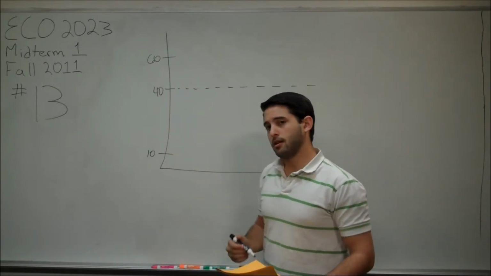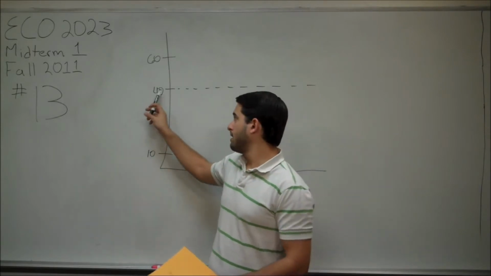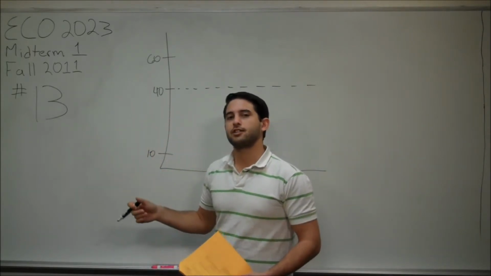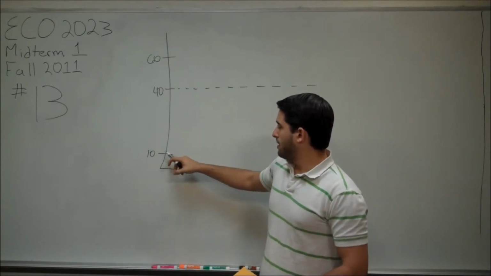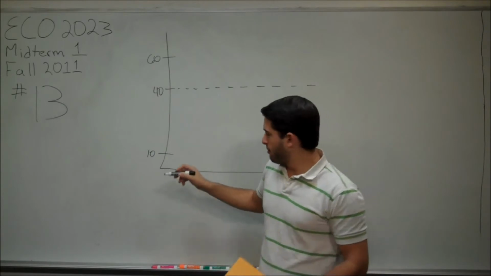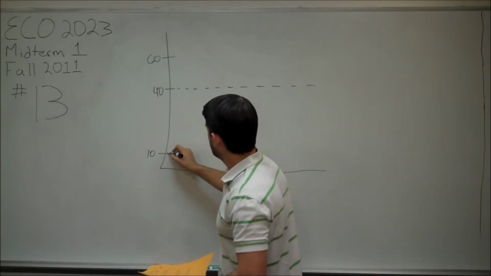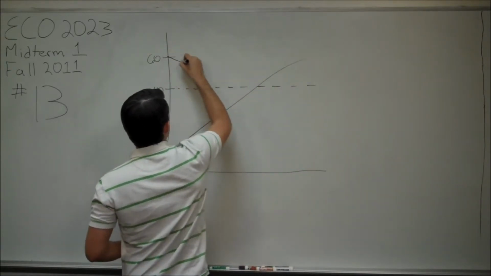And if we remember what the producer surplus is, it's the price actually paid minus the lowest price for which the producer is actually willing to sell. So we imagine that the supply and demand curves look something like this.